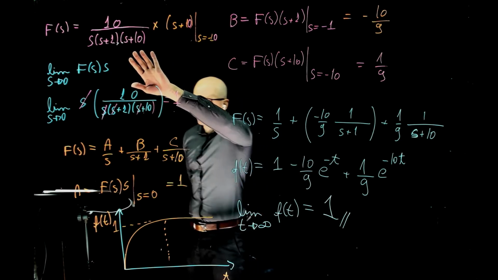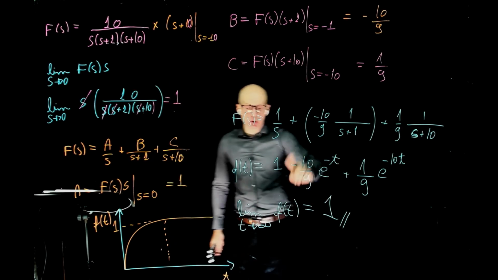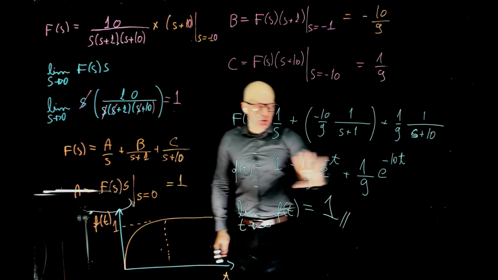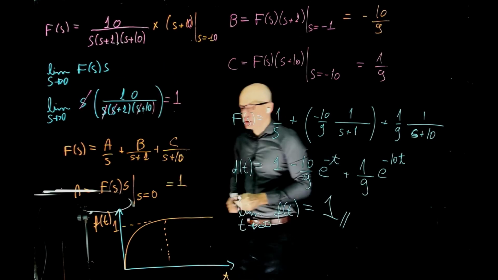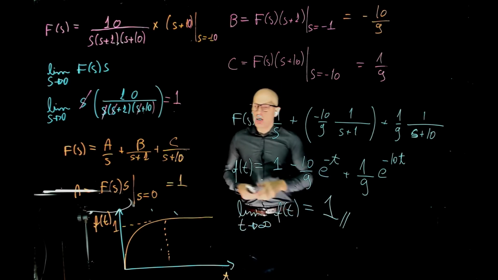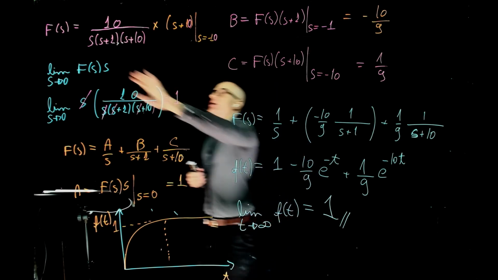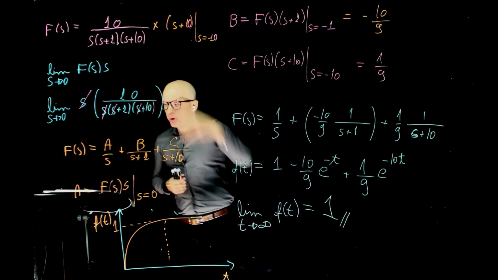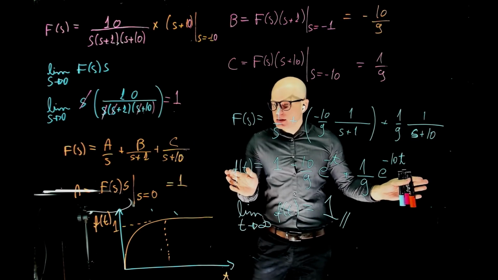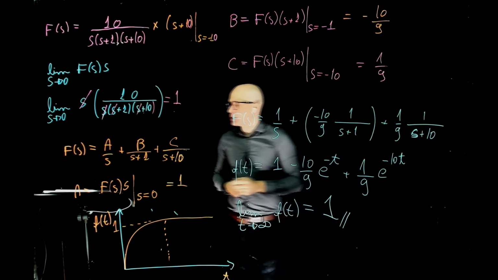If you had an imaginary component here, a sinusoidal component would appear in the solution, and this system would likely oscillate before this happens, right? But for now, we can clearly see that because all poles of the transfer function are real numbers, the solution must only be an exponential. And that's precisely what we get.